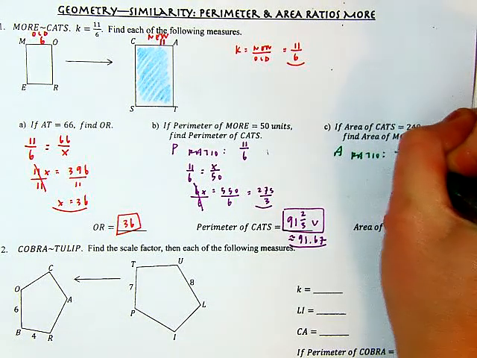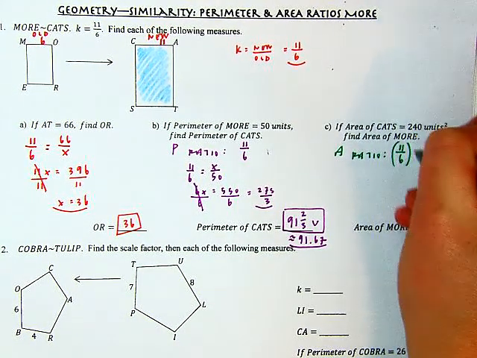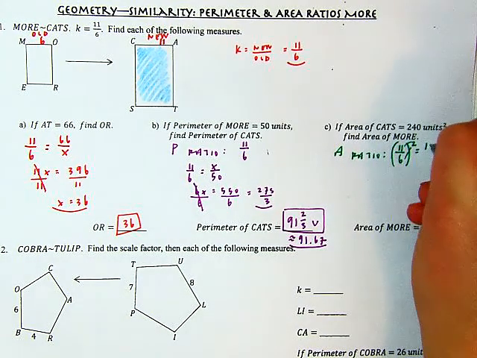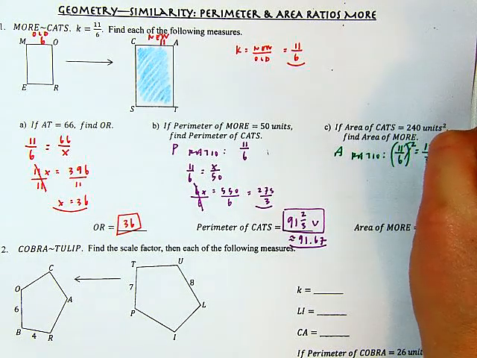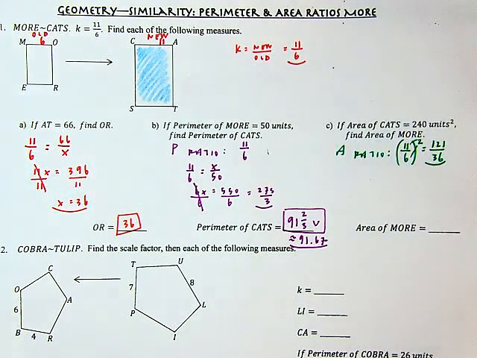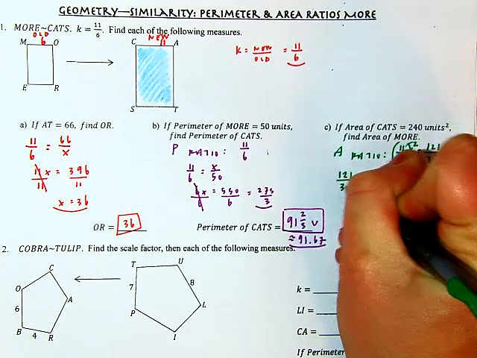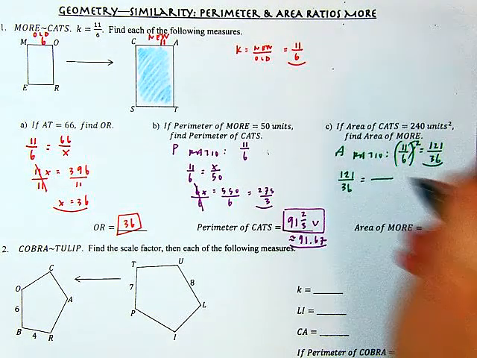So 11/6 squared. 11 squared is 121, and 6 squared is 36. So my area ratio is 121:36.